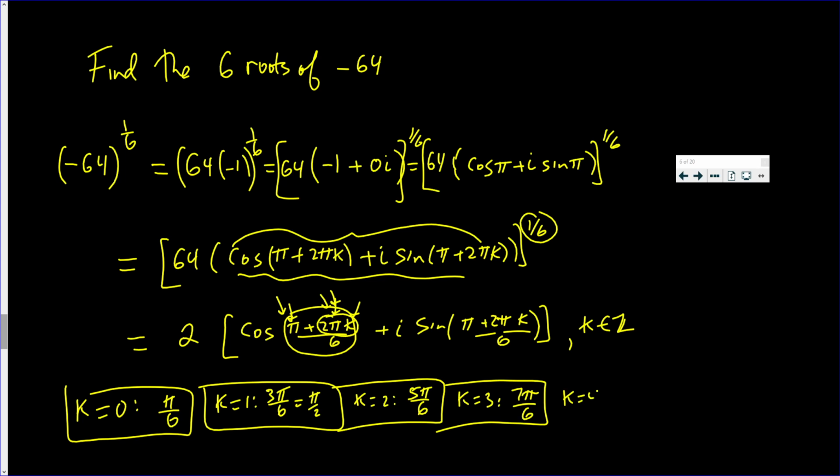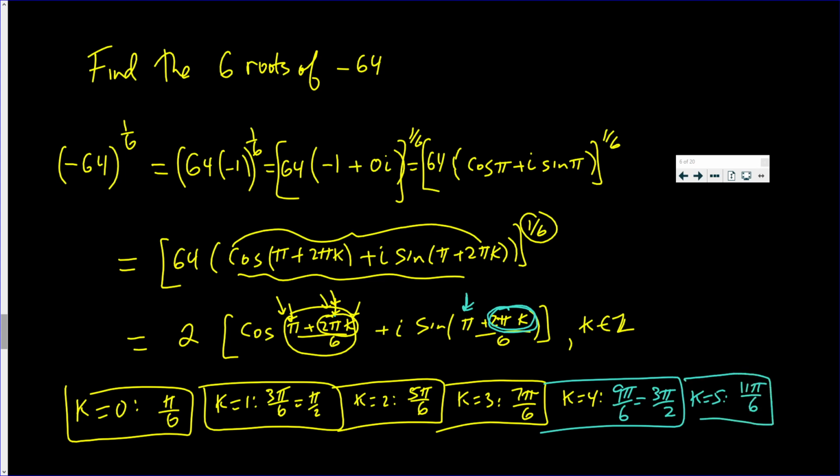If k is equal to 4, this piece will be 8 pi plus the pi in the front. We get 9 pi over 6, which is 3 pi over 2. When k is 5, this will be 10 pi plus the pi in the front. That's 11 pi over 6.